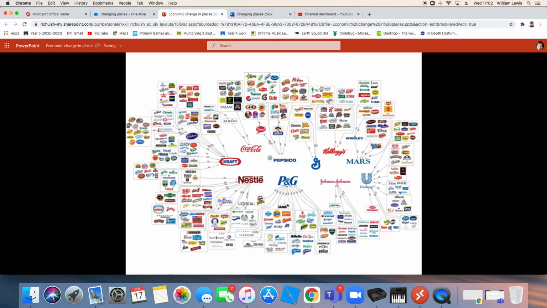And that is quite important for our module. It proves the idea of globalization, that you can just basically move wherever you want to these days. But it also causes huge problems with unemployment. When a multinational just clicks its fingers and decides to close a factory, you then have all of the economic issues associated with that we will learn about in the module. Okay, so all sorts of geography there.